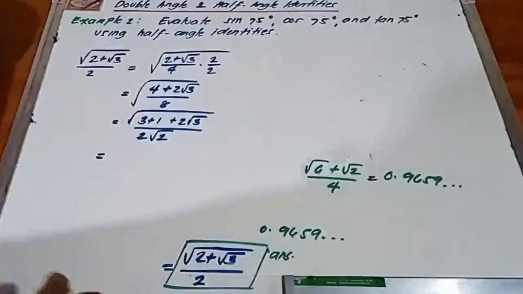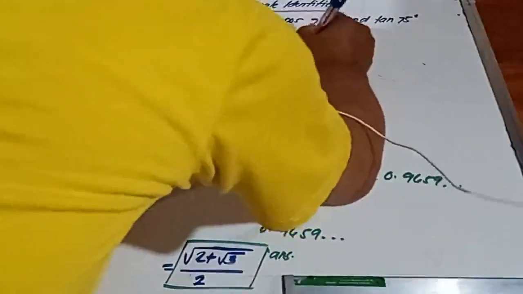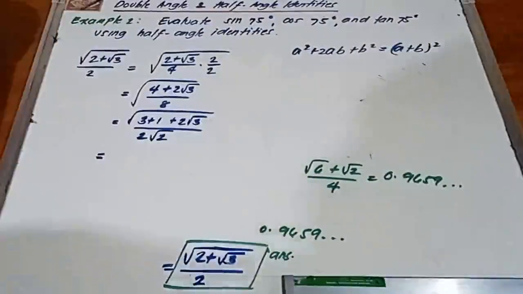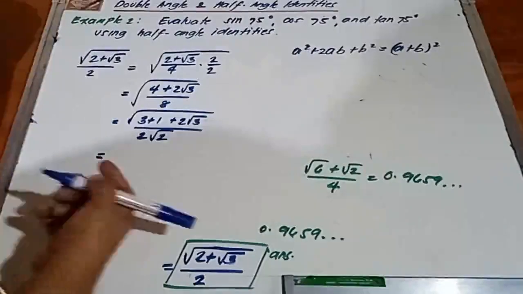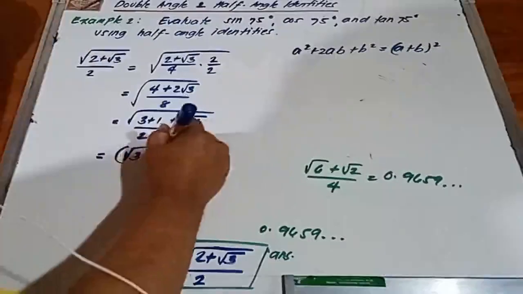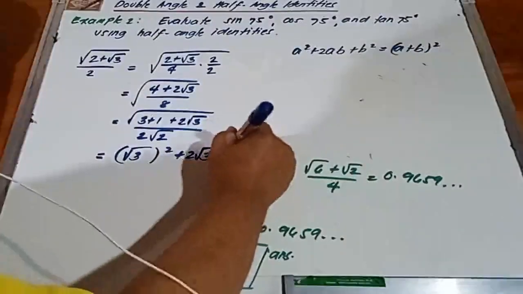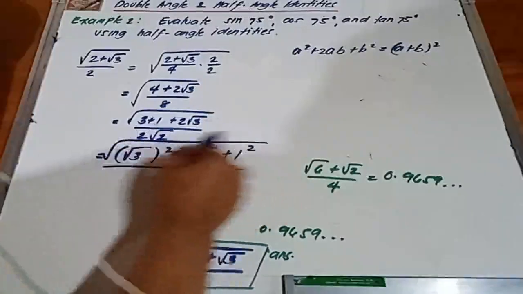Gamit yung ating special products na a squared plus 2ab plus b squared, that is square of a plus b. Now, yung 3 natin can be rewritten as square root of 3 squared. Okay? So, square root of 3 squared plus 2 square root of 3 plus 1 squared over 2 square root of 2.